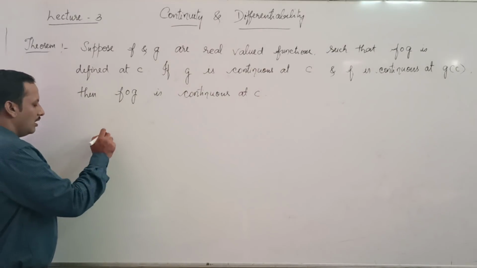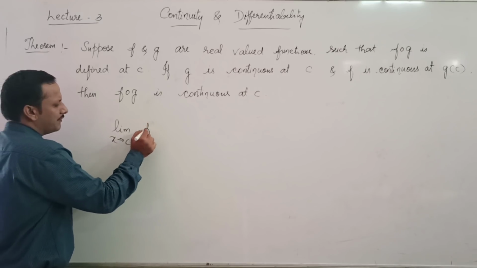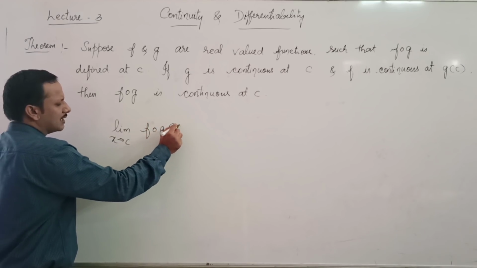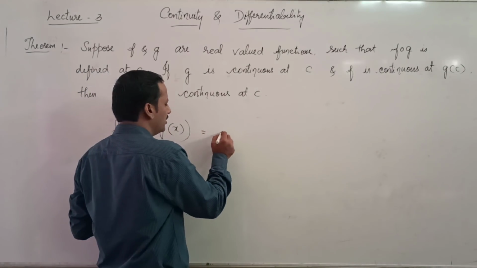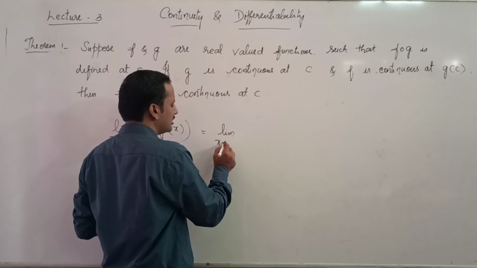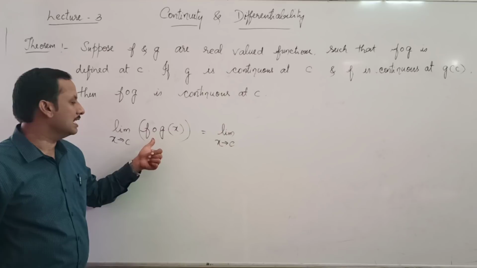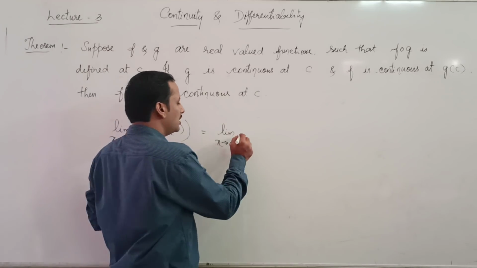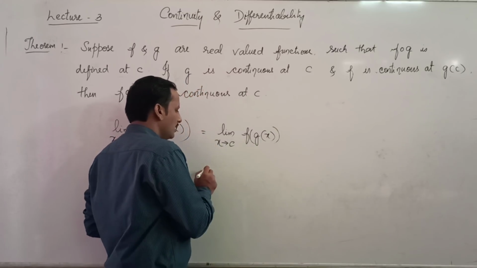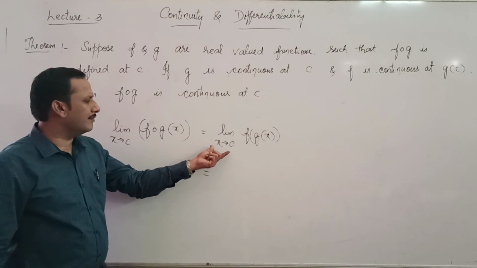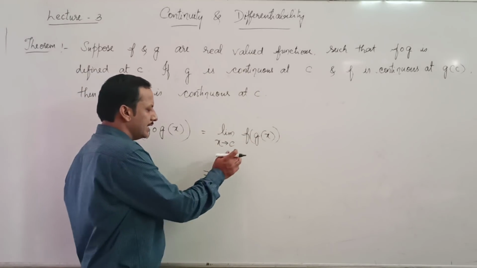See, limit x tends to c of f circle g of x is equal to limit x tends to c of f of g of x, according to the definition of composite functions.